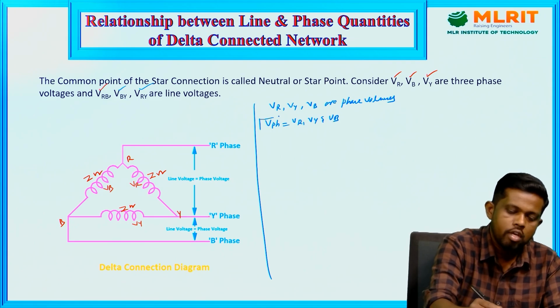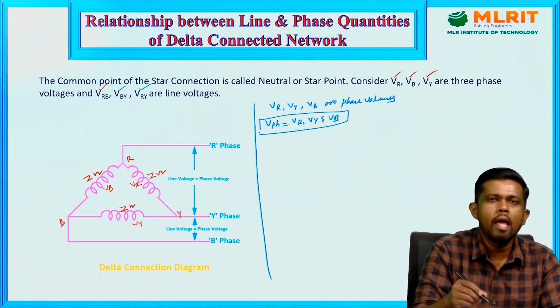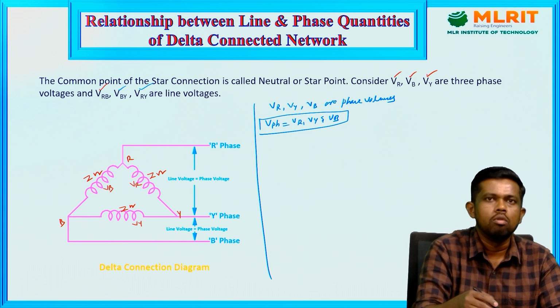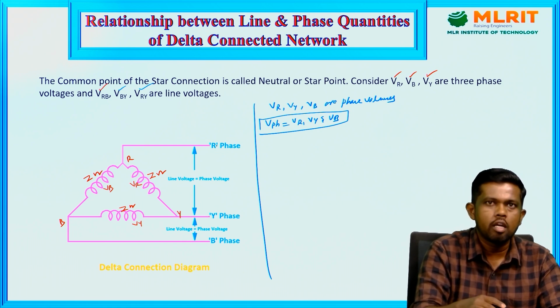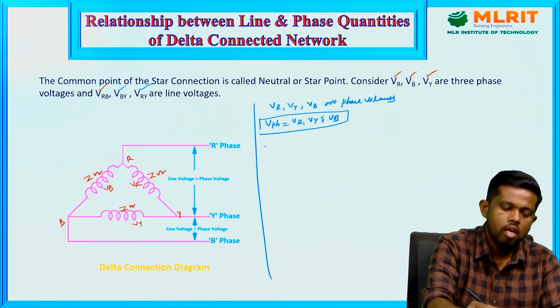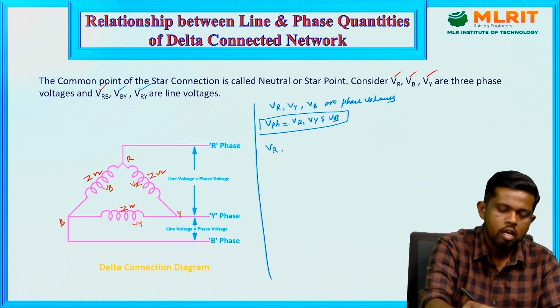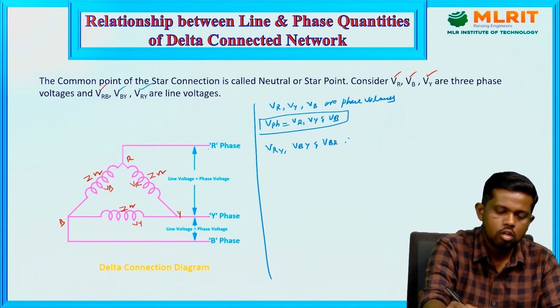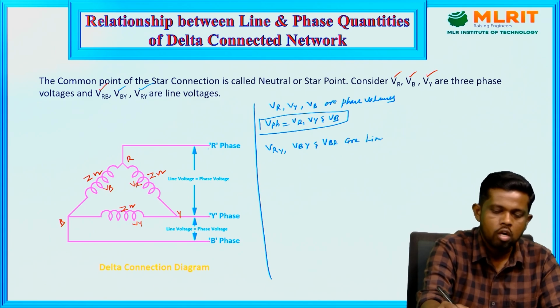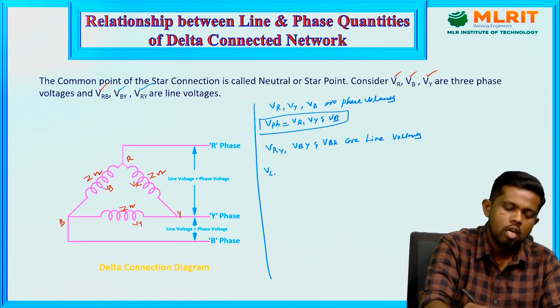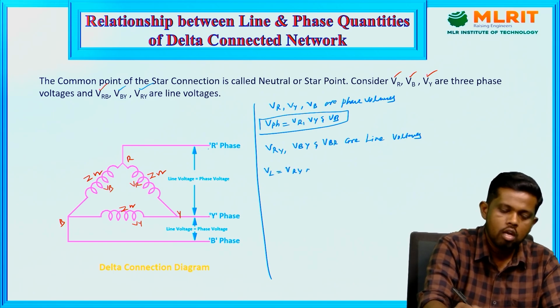Now coming to the line voltages, between line 1 and line 2, the voltage taken between R and Y is a line to line voltage, so we can say it is VRY, then VBY, and also VBR. These are the line voltages. So VL equals VRY, VBY and VBR.